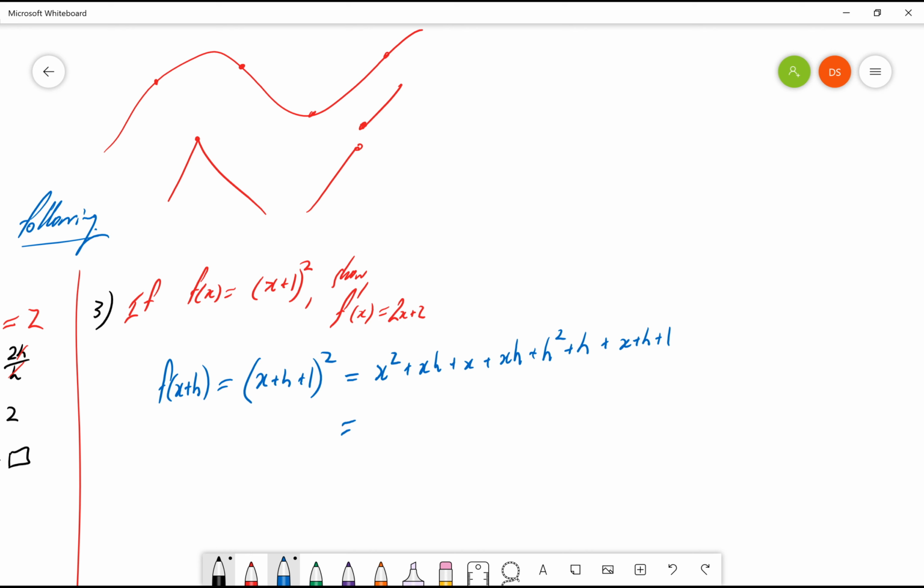But if you simplify it, the x squared plus 1, 2xh plus x plus 2x plus, so let me just go, x squared, 2xh plus 2x plus 2h plus h squared plus 1.